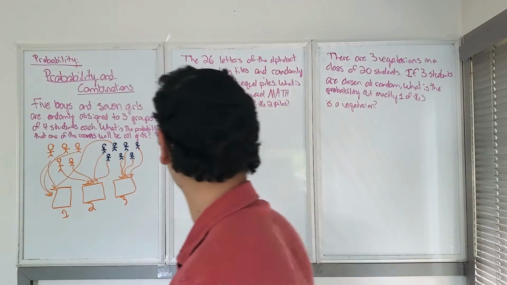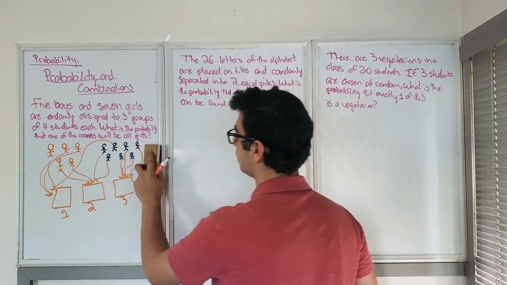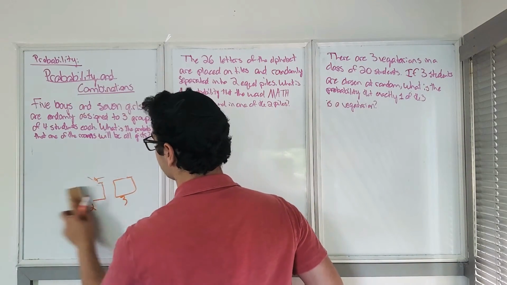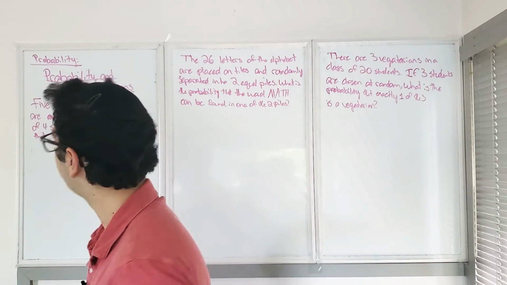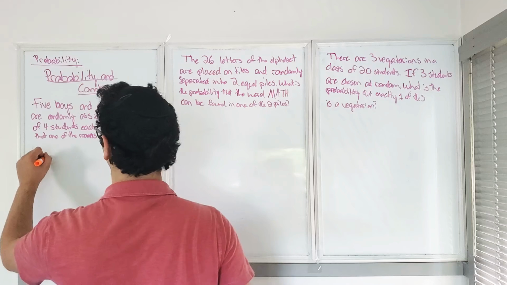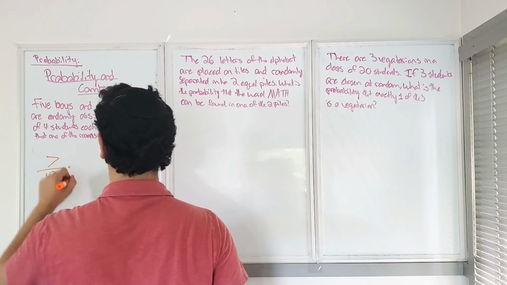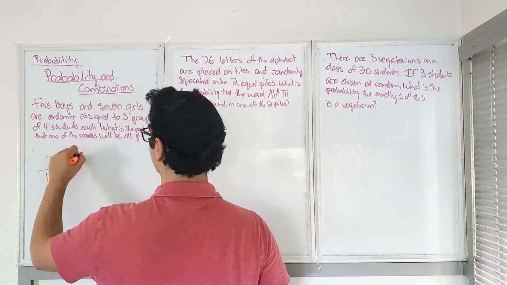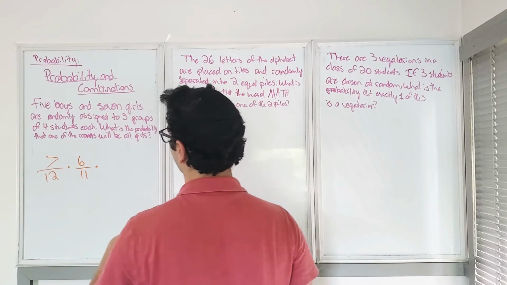Now let's show the other way for this one, which is using it as a dependent event. So we would say that there's 7 options over the total 12 to go into that box, and then we chose a girl, so now there's 6 out of 11 that can go in.